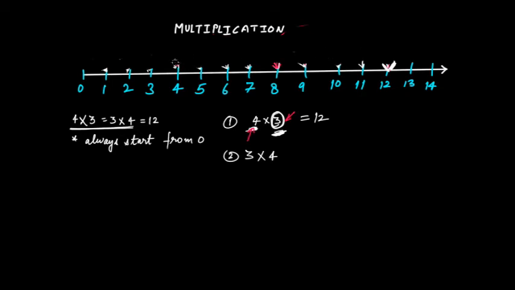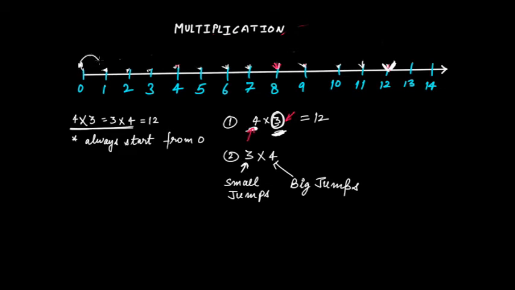So here, this would be small jumps, and this would be big jumps. So you have to make these small jumps, that is of length 3, 4 times, right? So starting from 0, take 3 small jumps.